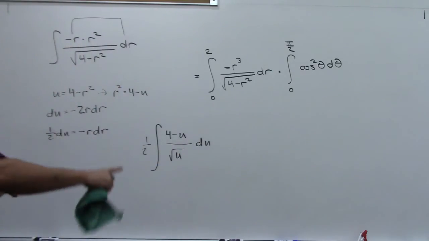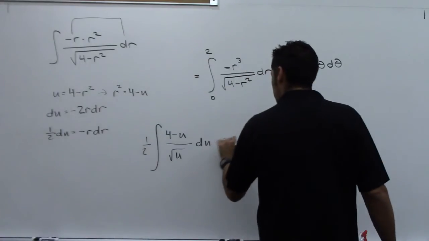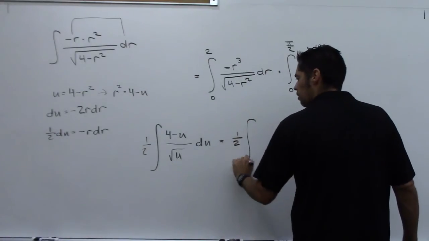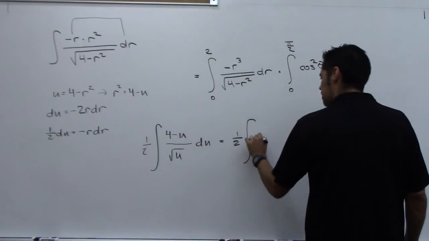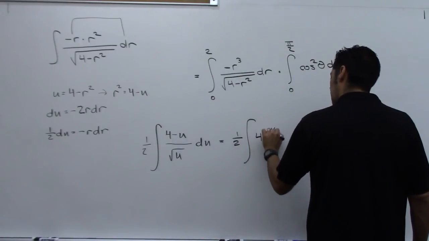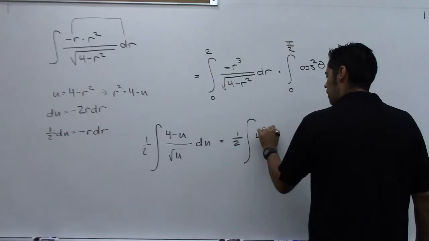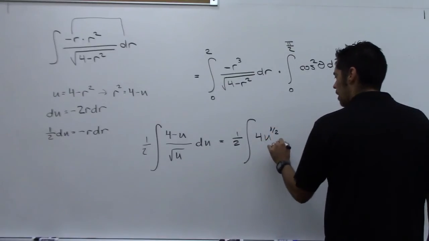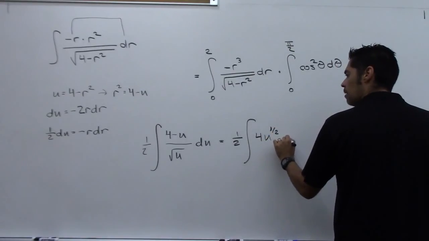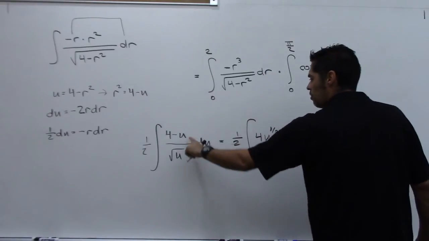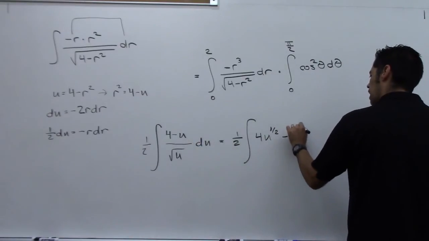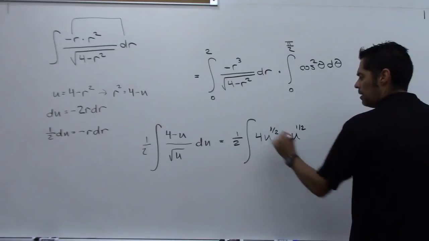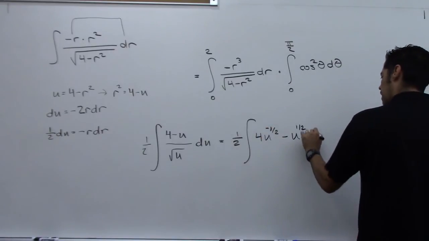And you can split that into two different problems. So 1/2 integral 4 over this root is the same as 4u to the 1/2. And then minus u over root u is u to the 1/2. Negative 1/2 here, sorry. And then du.